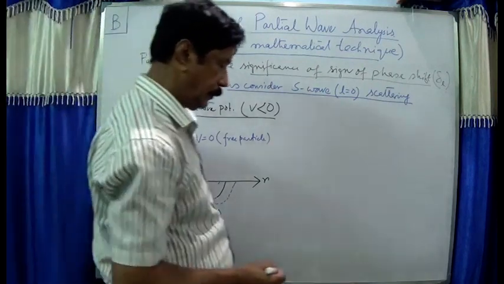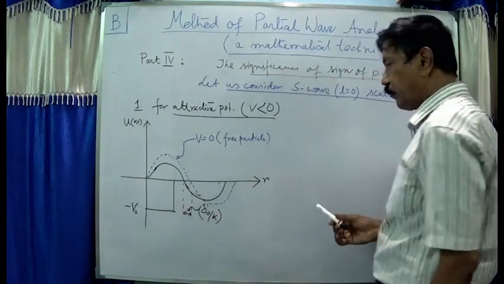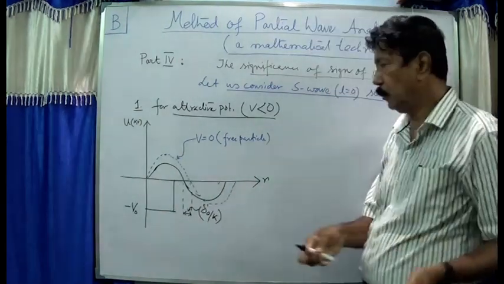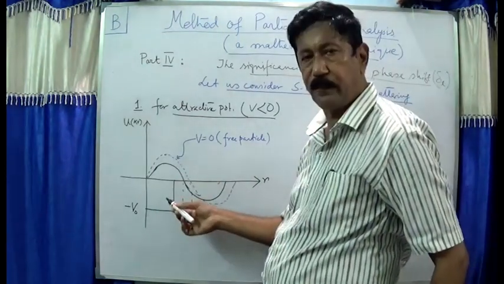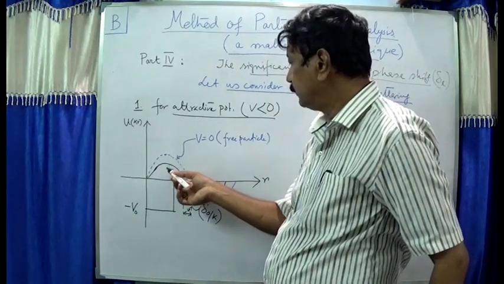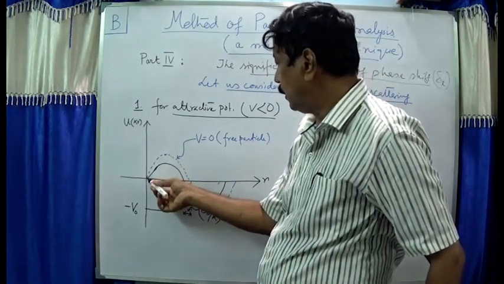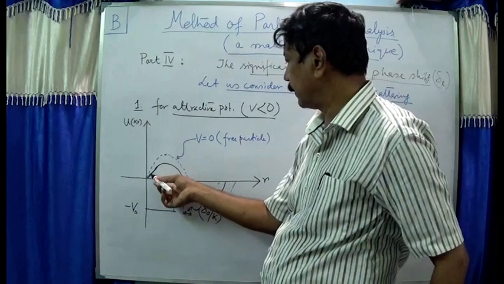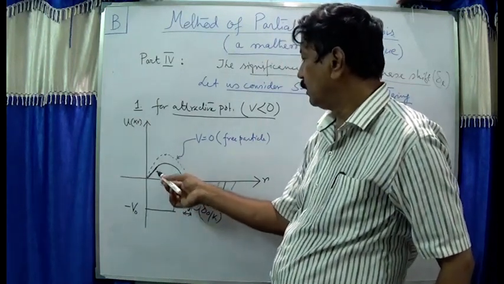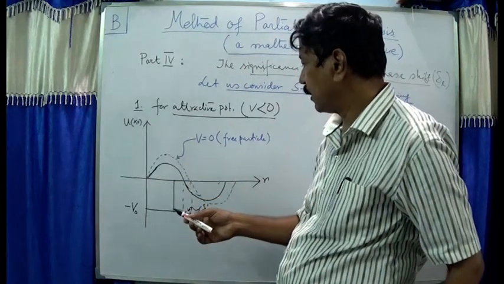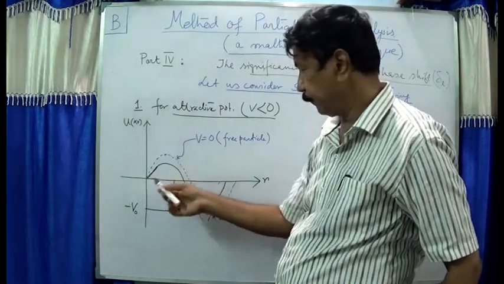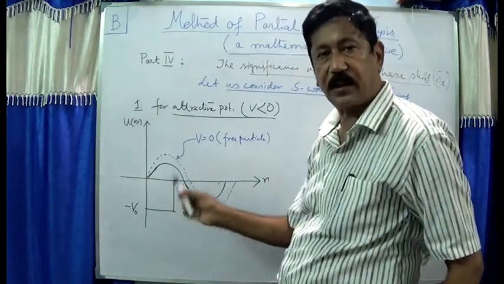What does it indicate? It indicates that in presence of the attractive field of potential, as a result of attraction, the wave gets more curvature. The curvature of the wave is higher in the region of potential due to its attractive nature.